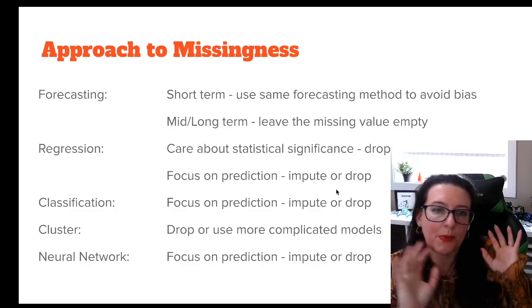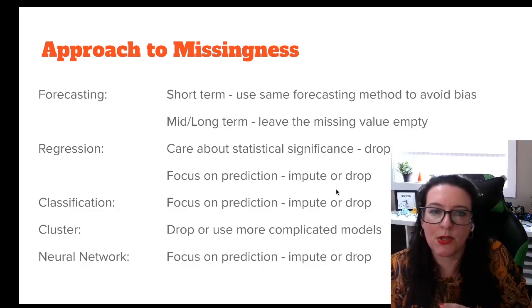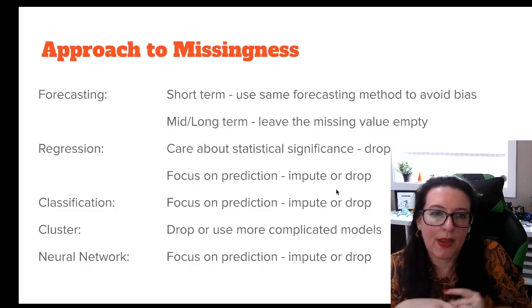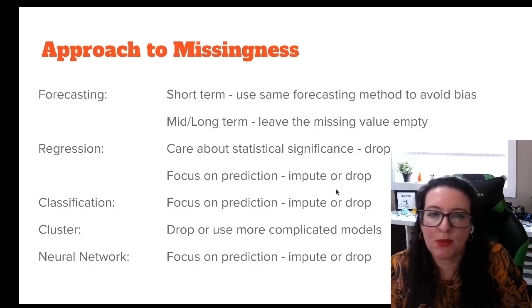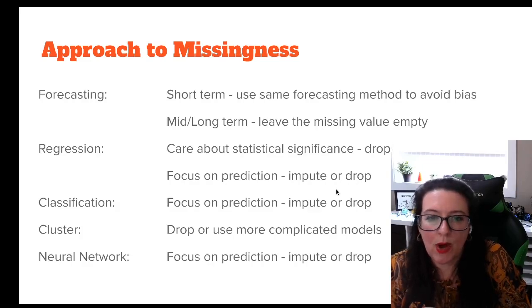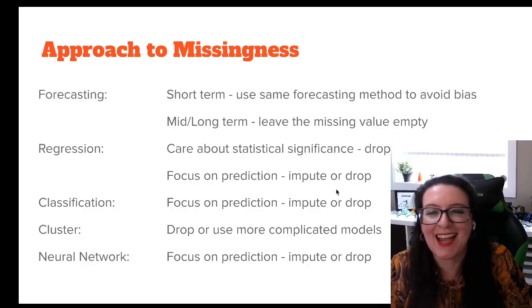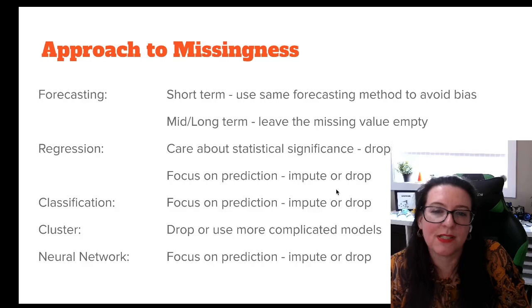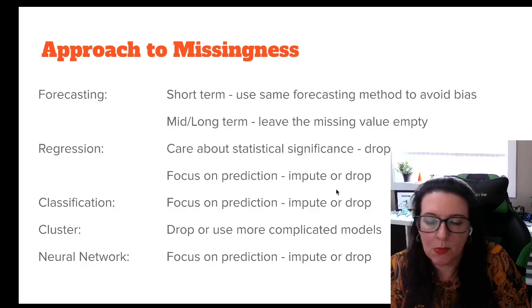So just to recap, with neural networks, classification models, and regression models where we focus on prediction, we can impute or we can drop. If we are focused on statistical significance in our regression models, we should drop. If we're doing cluster analysis where we don't have supervised learning, we don't have a label, we can't see how well the model is in terms of accuracy, then you're better off dropping or using more complicated missingness models.